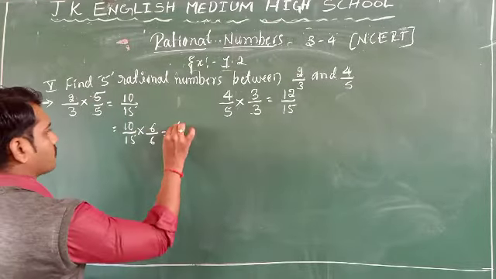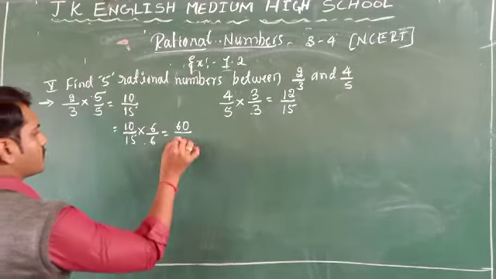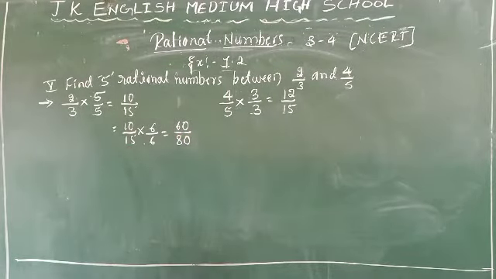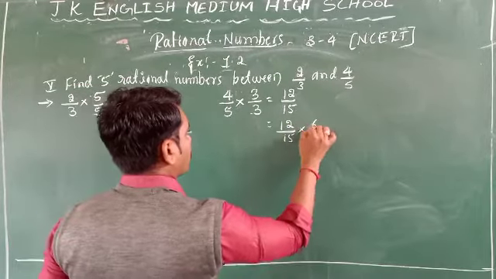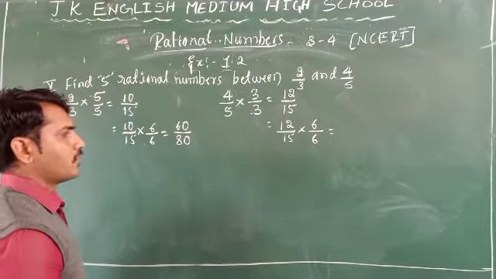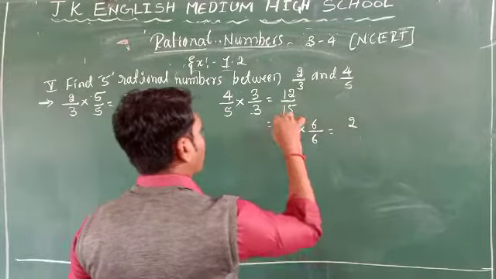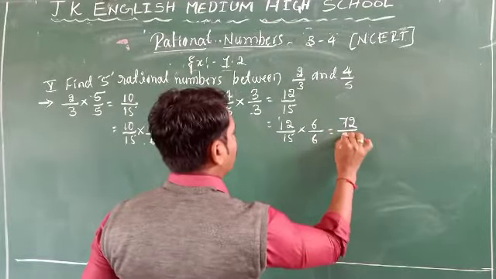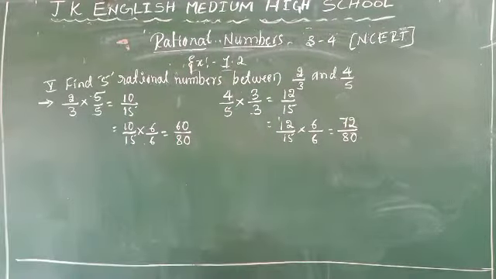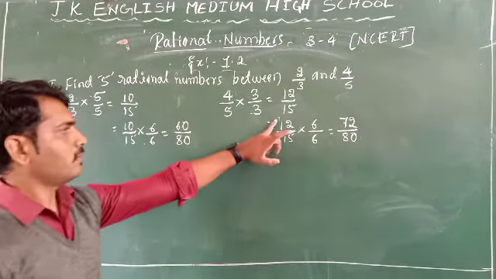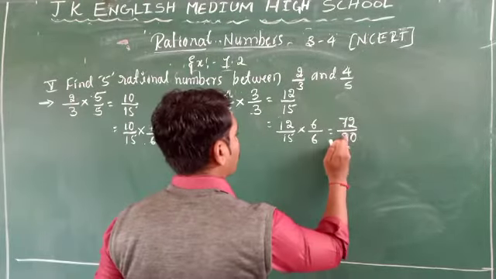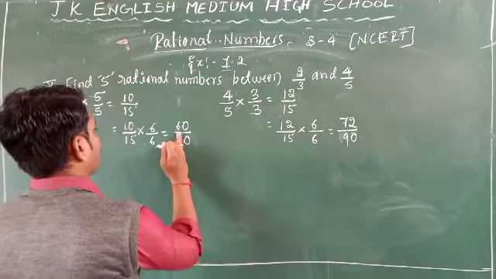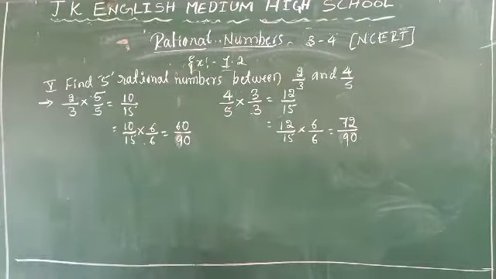So 10 6s are 60, 15 6s are 90. Here the same number, just carry forward: 12 by 15 into 6 divided by 6. 12 6s are 72, divided by 90. Yes, 90.